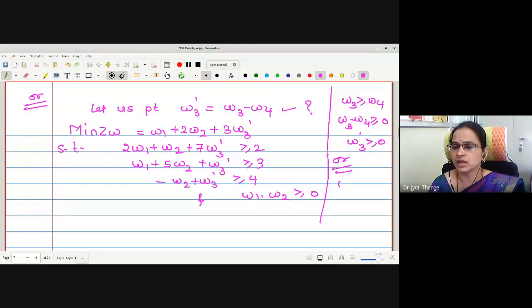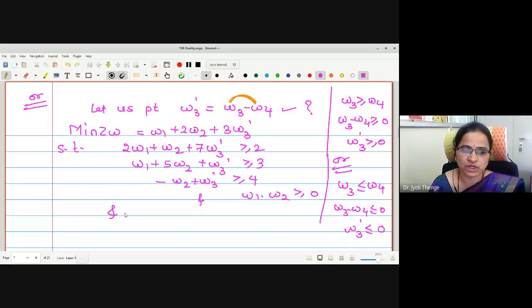Or, if W3 is less than or equal to W4, that is W3 minus W4 is less than or equal to 0, in this case we get W3 dash less than or equal to 0. Therefore, the value of W3 dash is not fixed, whether it is non-negative or non-positive. It totally depends upon the relation between these two variables. Therefore, one can say that this W3 dash is unrestricted. There is no restriction on this, correct?